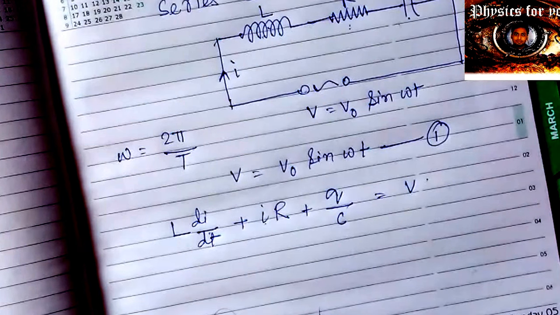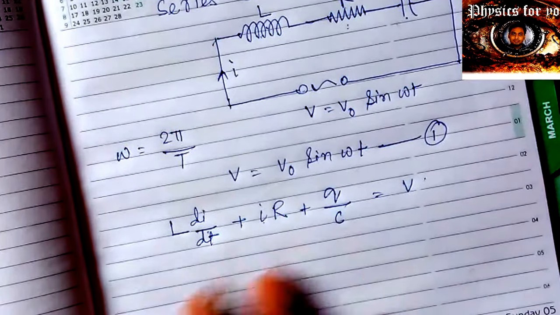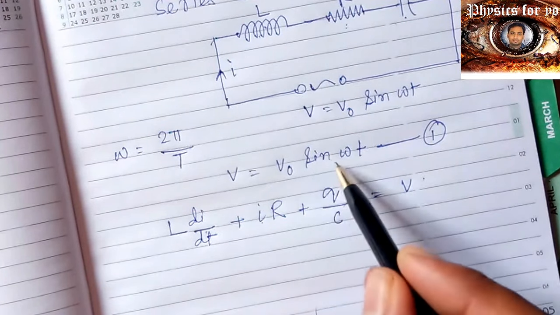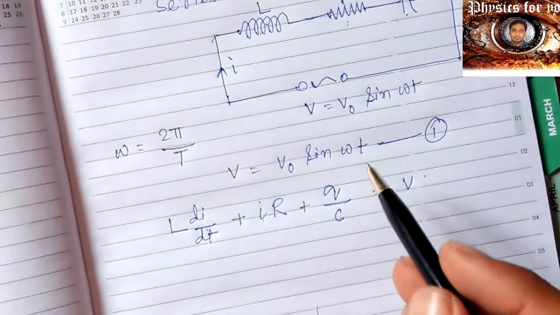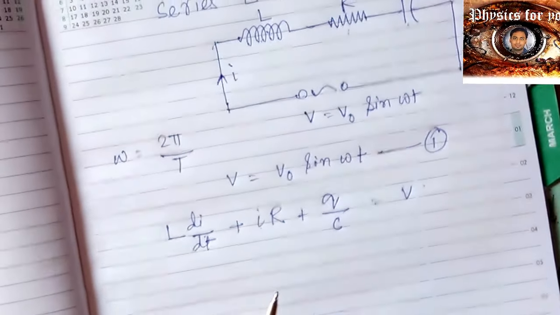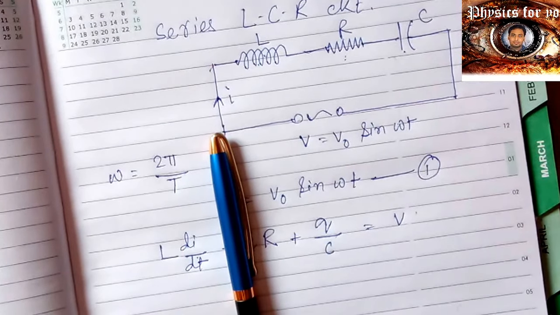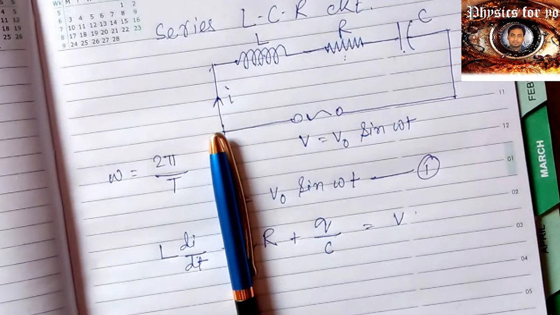Now, the applied voltage is V equal to V0 sine omega t, with angular frequency omega. We have learned in the case of forced vibration in class 11 that in the steady state the driven system vibrates in the frequency of the driver.